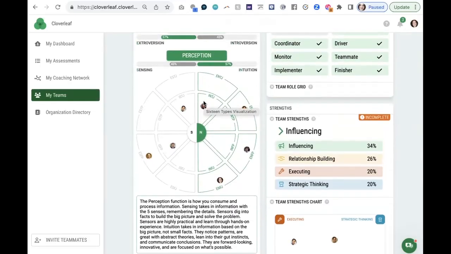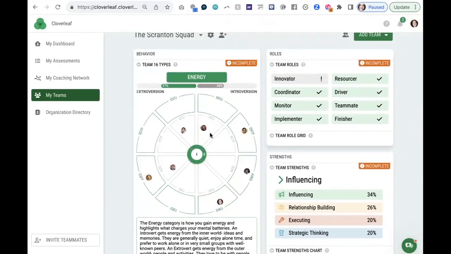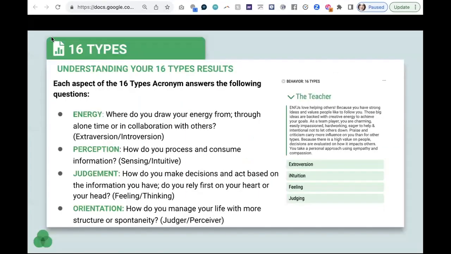I often don't like to use slides as much. I like to stay in the tool because this visual is much more powerful. When I talk about, okay, we're going to talk about the different sources of energy that people on this team have, let's talk about, okay, everybody on the outside, what's the experience for you? You can lead powerful conversations from these visuals when you're going through this. So again, I like to stay a lot in the tool.